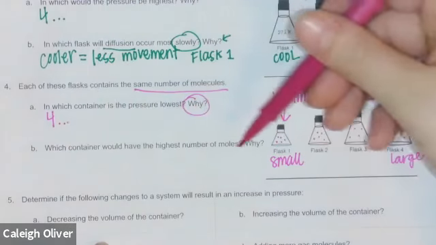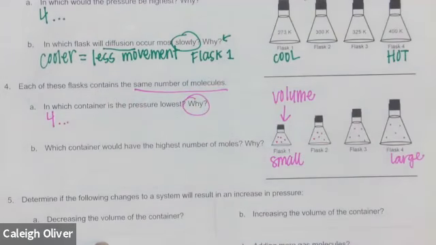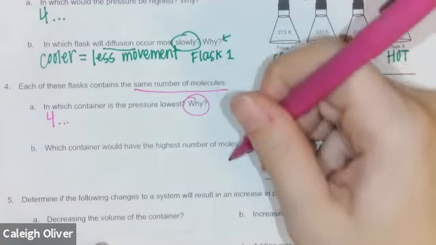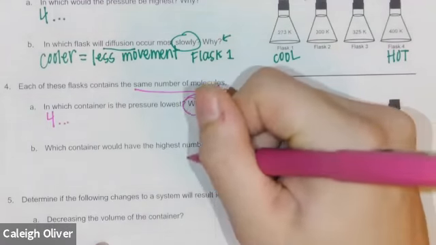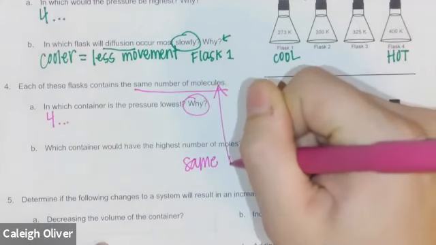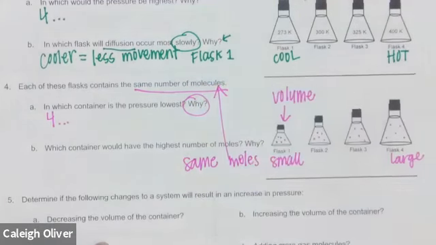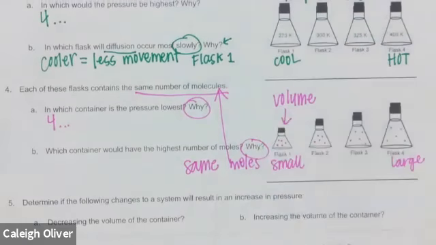Which container would have the highest number of moles? Well, it literally says they have the same number of molecules, so they should all have the same number of moles. Explain why.